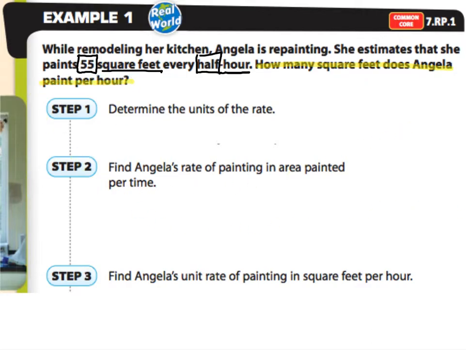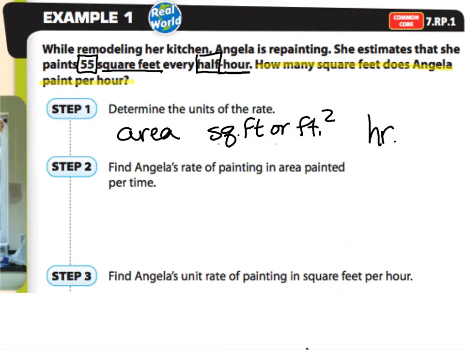Okay. So first, to figure this out, we're going to determine the units of the rate. Since the area is in square feet, we can write it like this, square feet. And the time is in hours.